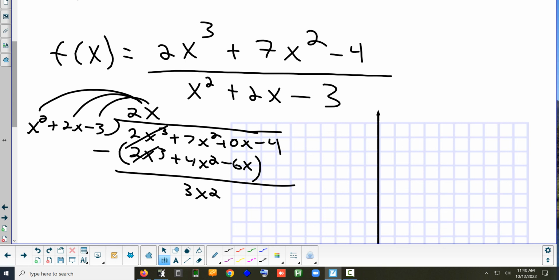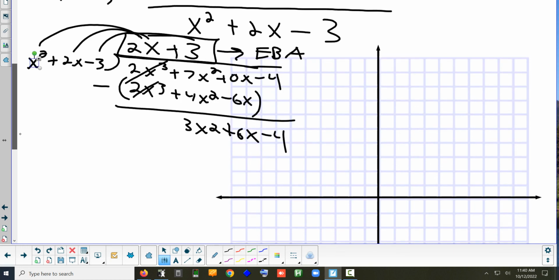And 0 minus negative 6x is 6x. Bring down your next term. What's 3x squared divided by x squared? 3. And basically, you're done. That's your quotient. If you want to keep going, you'd be getting the remainder, but do we need the remainder? No. So that is my EBA.